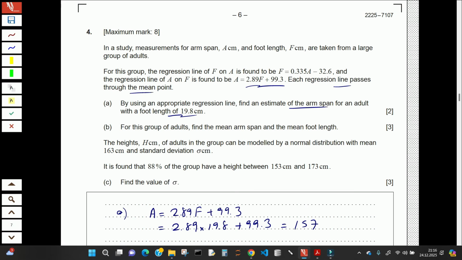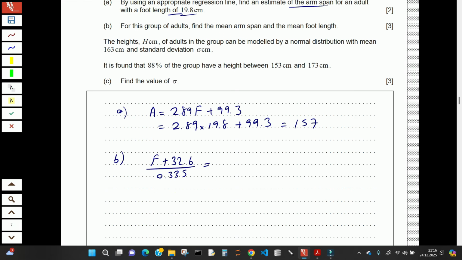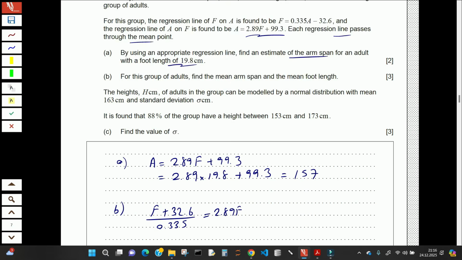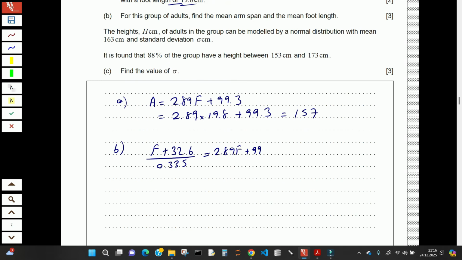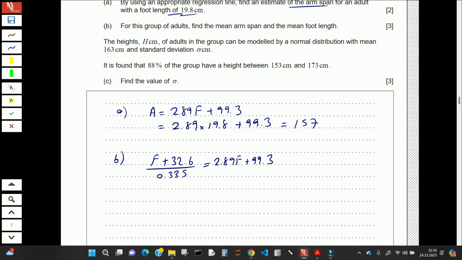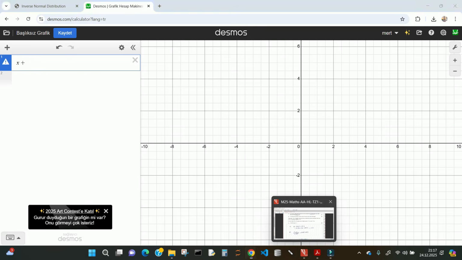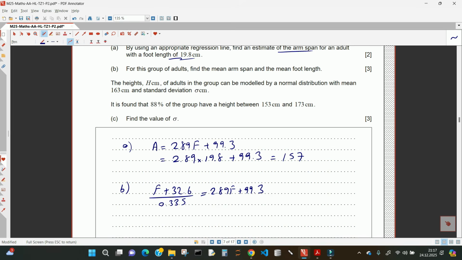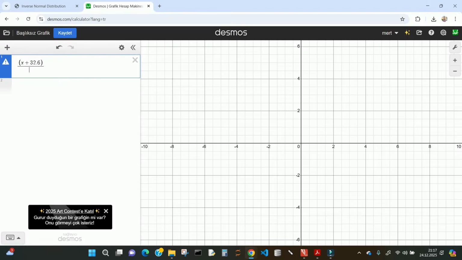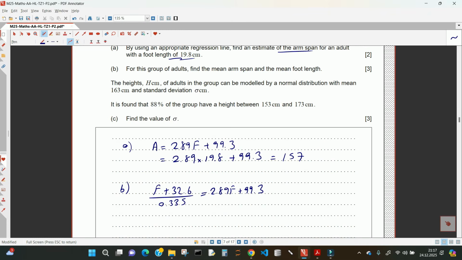And the second equation is already given A. So I will just directly write 2.89F plus 99.3. So you can find F by using graphic calculations. I will draw the graph of these lines. The first one, you can write x instead of F as a variable, (x plus 32.6) over 0.335, we have this one.